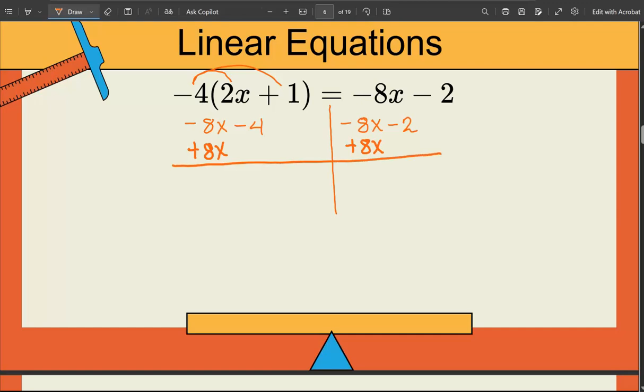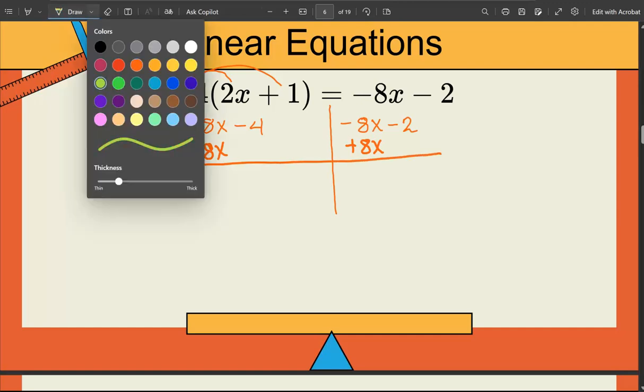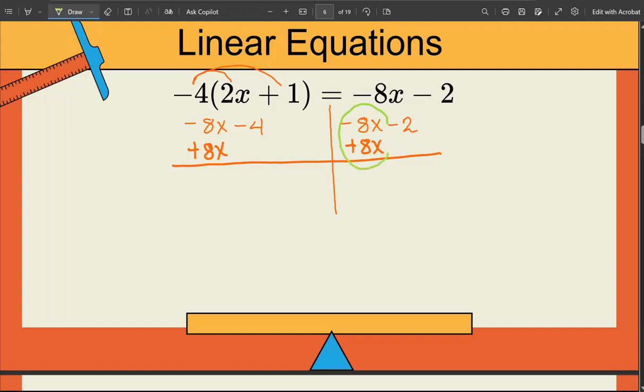So I'm adding 8x to both sides. And again, I recognize that this cancels out and gives me 0. This cancels out and gives me 0. So I'm left with negative 4 is equal to negative 2, which is a false statement. So my answer is no solution.